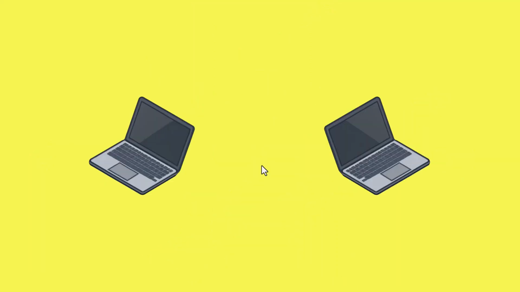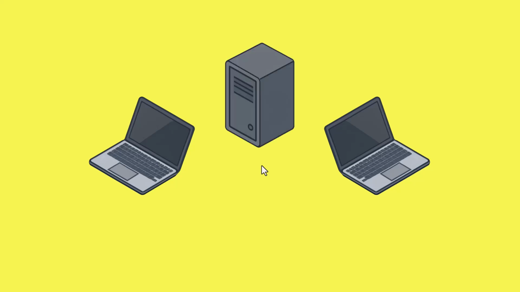So the better way that everybody is using these days is that we're going to introduce a third device. And then each of our devices is going to be connected to this third device, and we're going to call that one server, and we're going to call the devices that are connected to the server clients.